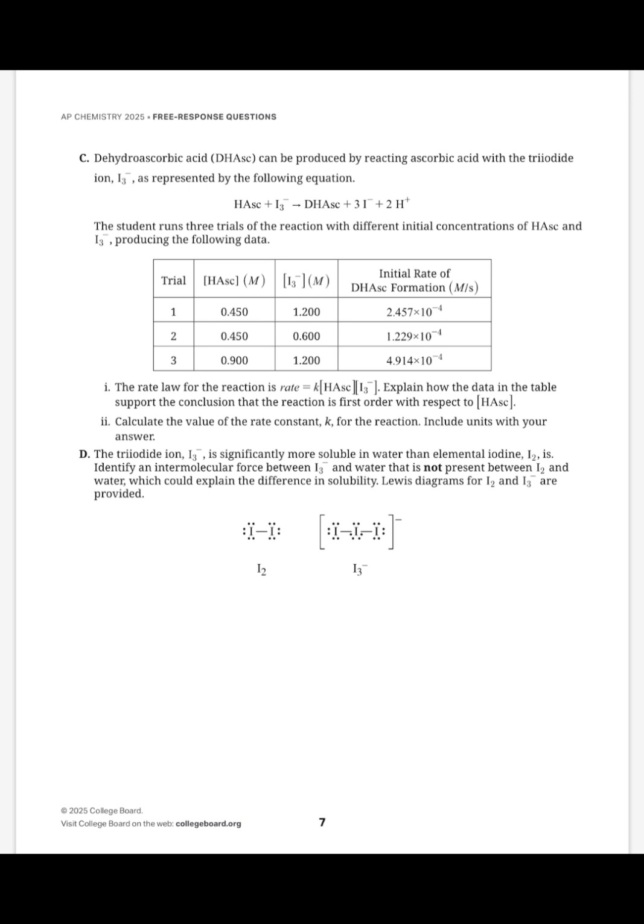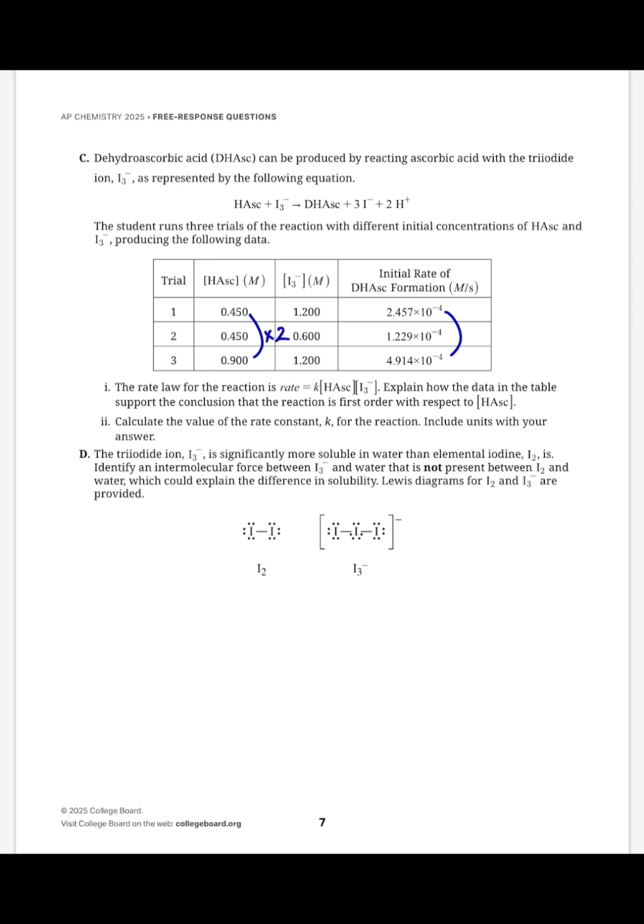Explain how the data in the table support the conclusion that the reaction is first order with respect to our ascorbic acid. So we want to see how the change in concentration of the ascorbic acid impacts the change in the rate. So we want to pick the trials where we are keeping our other reactant constant, so that's not going to impact the change in the rate. If we look at trial 1 and trial 3, the concentration increased by a factor of 2.